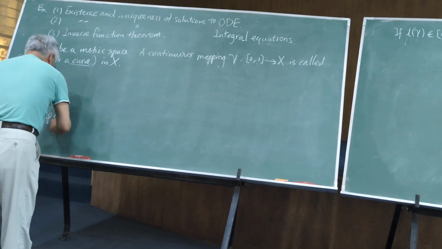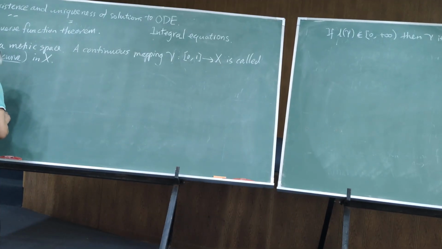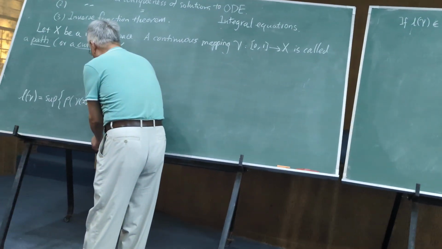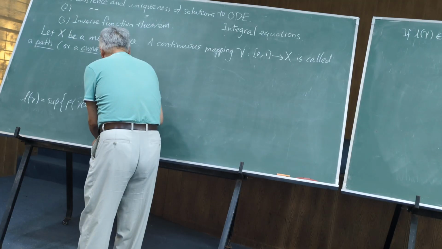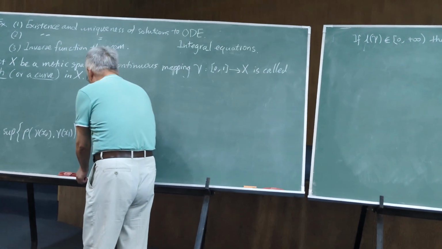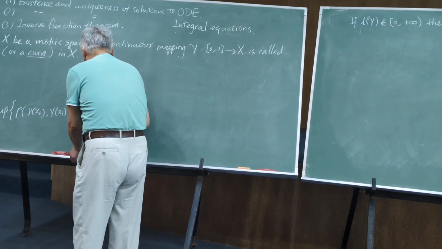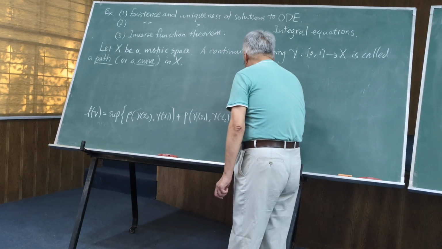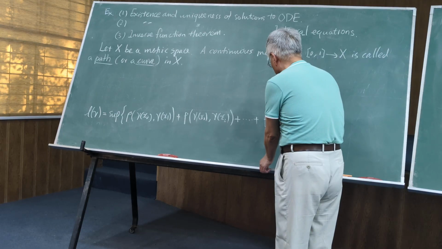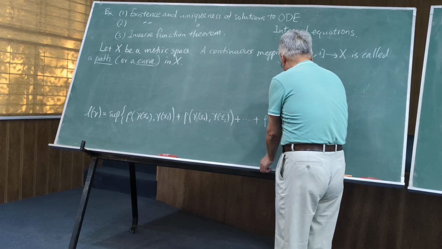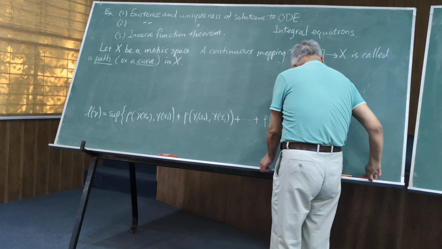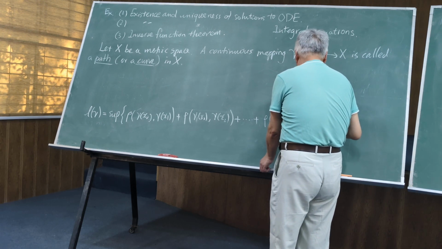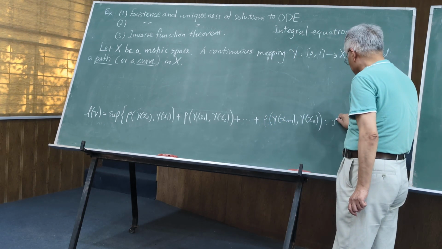So we're looking at the sum of the distances of gamma x0 and gamma x1, the distance of gamma x1 and gamma x2, all the way down to xn.